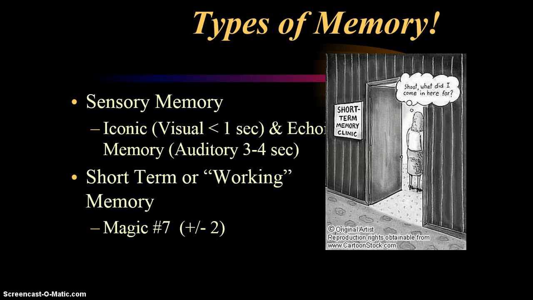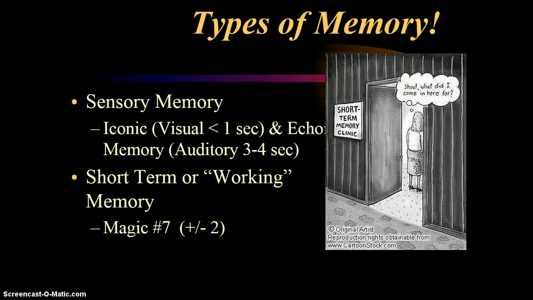You're comparing what you're thinking about now to things you've heard or things you've seen or things you've done in the past. So you're working with that memory, that current memory. So that's where that term comes from, short term, or now it's referred to as working memory.